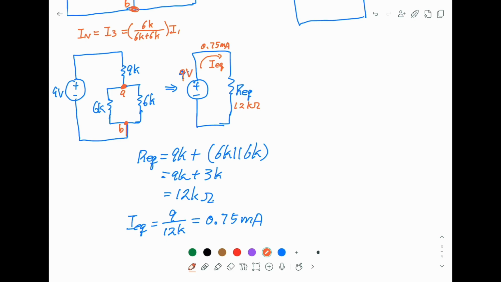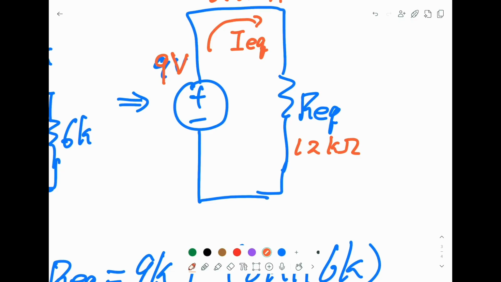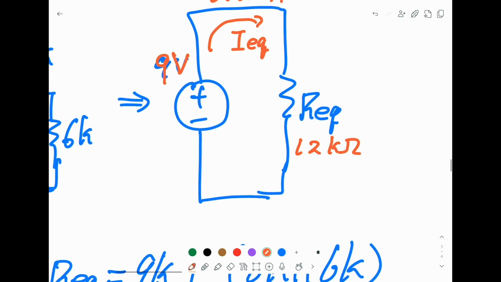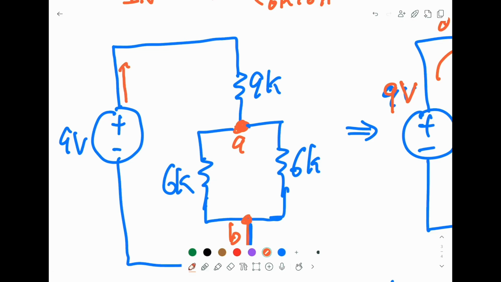Now this current is the current coming out from the 9 volt potential source. So this current must also equal to this current. So this is 0.75 milliamp. It means this current is our I1.